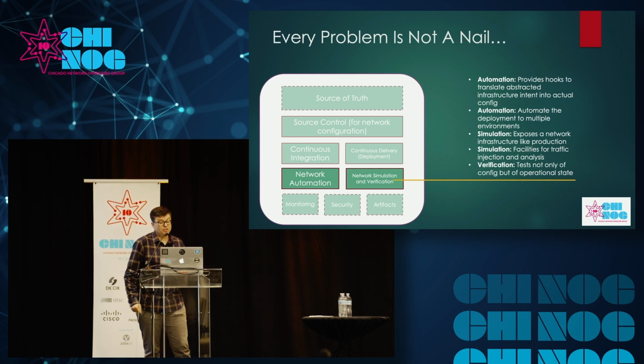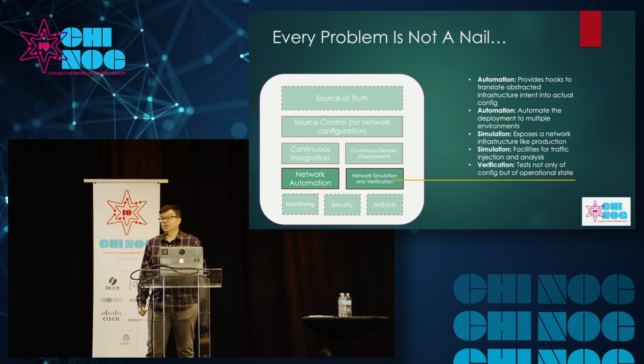And in a simulation environment, you want something that's going to be as close to your production network as possible, so that when you're testing in that safe environment, I've got fairly good confidence that when I deploy this, it's going to work in production because I've tested it in this simulated environment.